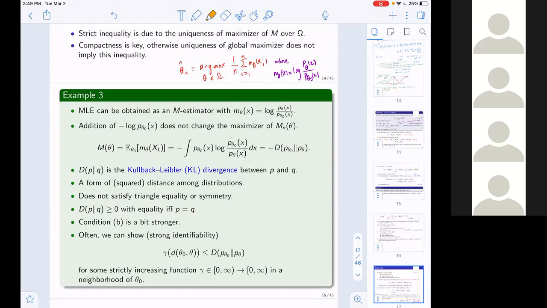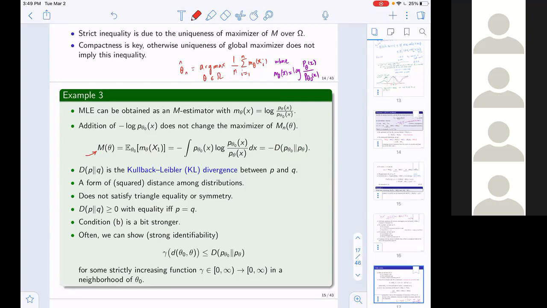So what this is saying is that the MLE is going to be consistent. Because there's a negative sign, this is not negative, and this is the negative of it. This could be at most zero.